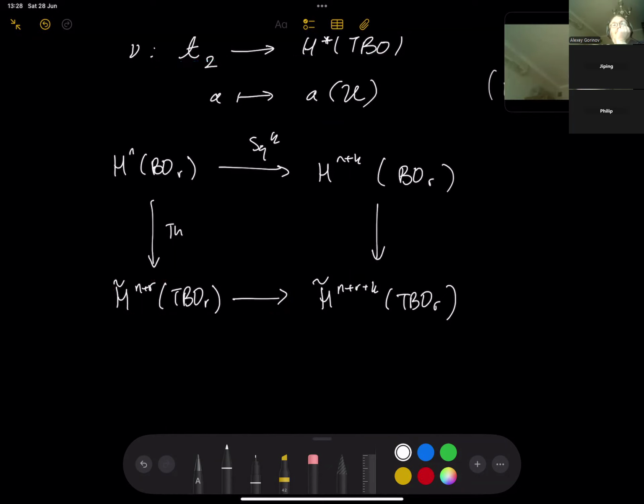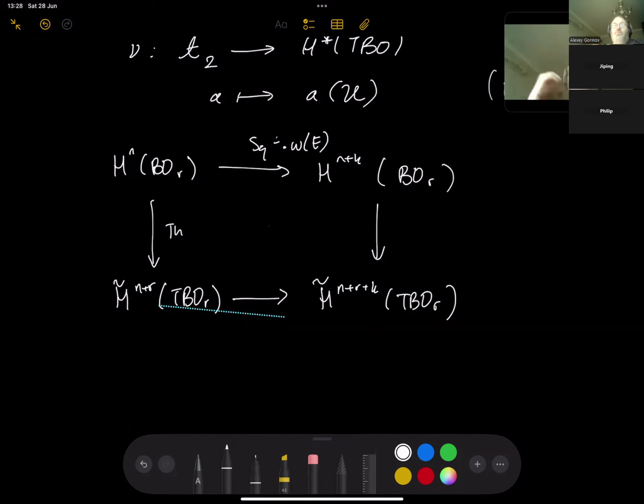This square is not commutative, but if we modify it so that we multiply by the total Stiefel-Whitney class, then it will be commutative.